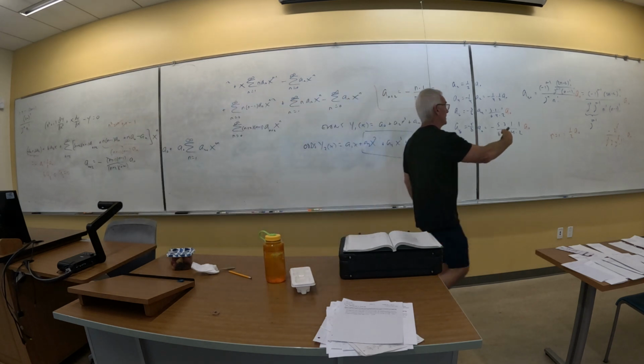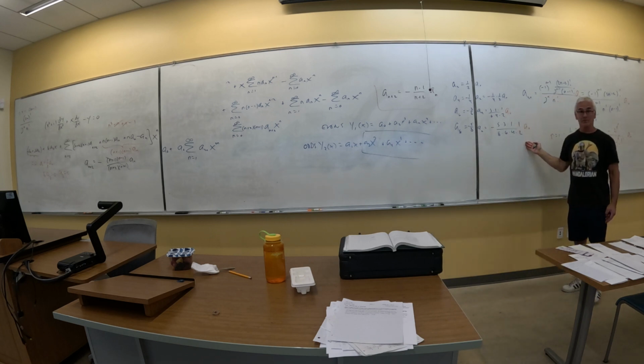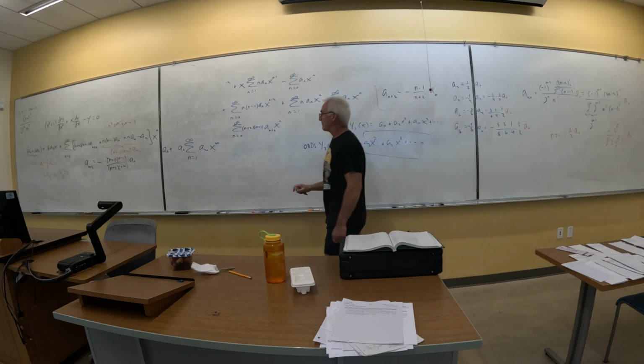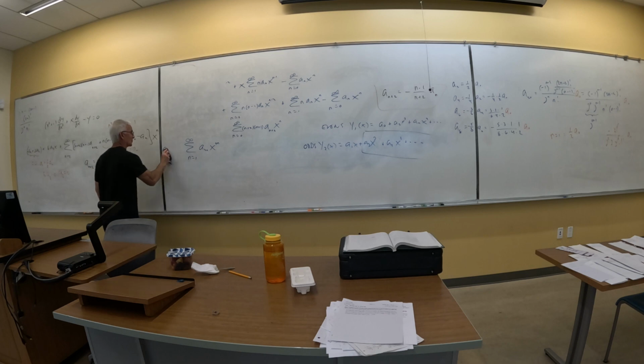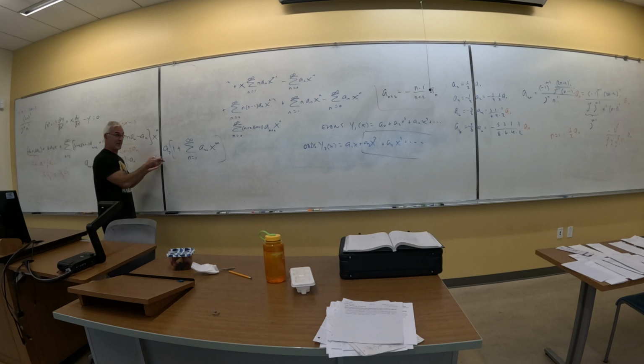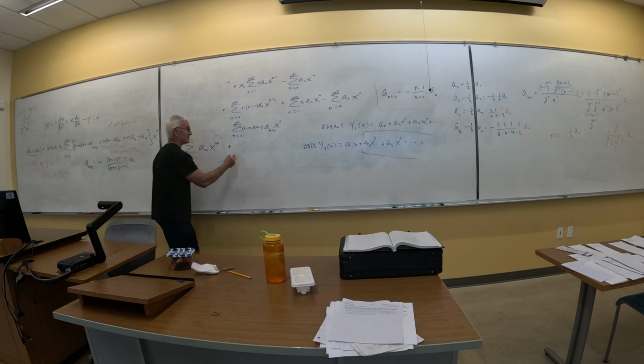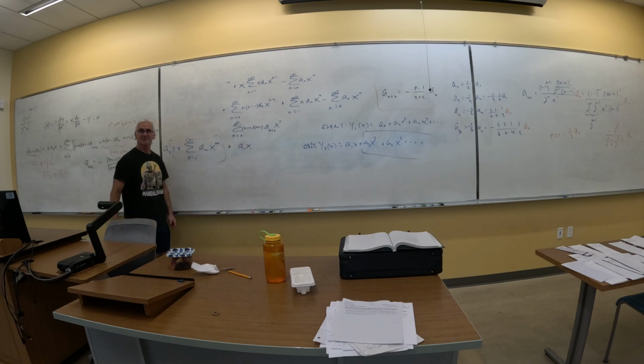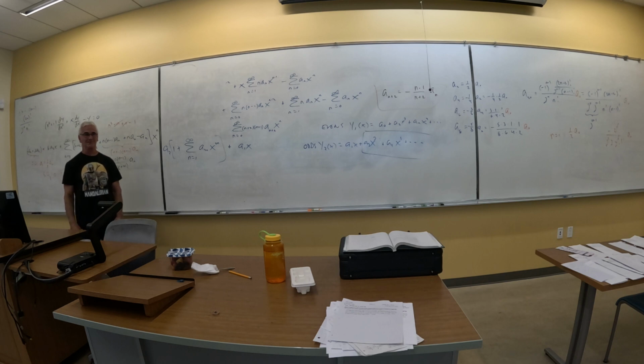Because every term was times A0. So if you want, a clean way of writing this would be that, which is fine also, because once I know the value of A0, I would just put it in there. Plus A1x. That was my odd solutions.